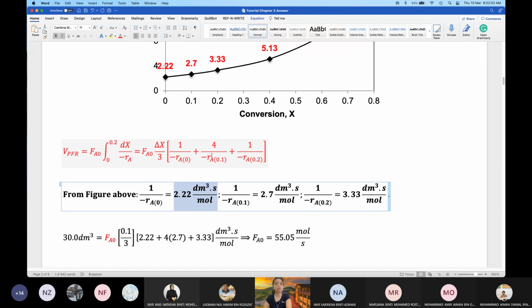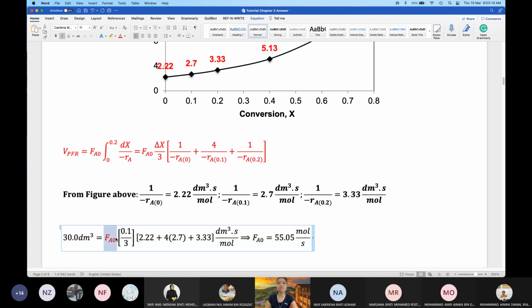From the plot, when my X 0.1, 1 per minus RA saya adalah 2.7. So 4 multiply with 2.7 plus 1 per minus RA when my X 0.2. So when my X 0.2, 1 per minus RA dia adalah 3.33. So you replace into the equation, alright? You solve it because now you are left with only FA0.